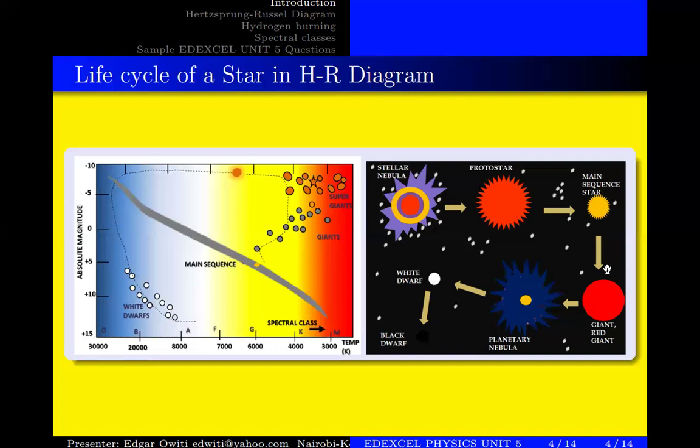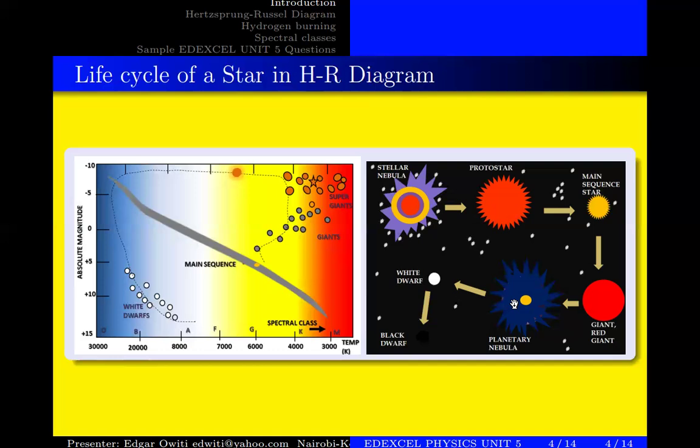So the helium burning now takes place, that is just when it is exiting the giant stage. And when the helium burning takes place, we now have this star, which is known as the planetary nebula, which is drawn in blue here. So again, that takes place with an increase in temperature for as many years as possible until the point when all the helium in the planetary nebula is exhausted.